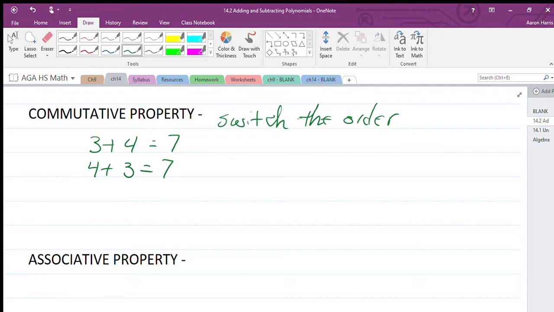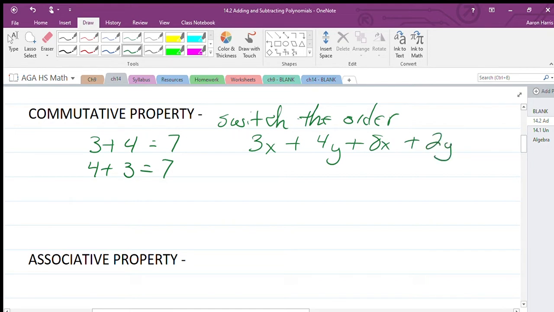So now, if I had something that's a little bit more, let's say, complicated, which it really isn't, but let's say 3x plus 4y plus 8x plus 2y. Well, they're all mixed in, and according to what we just said, we should be going from left to right, but we see that these are different families. This is a Y family, this is the X family.